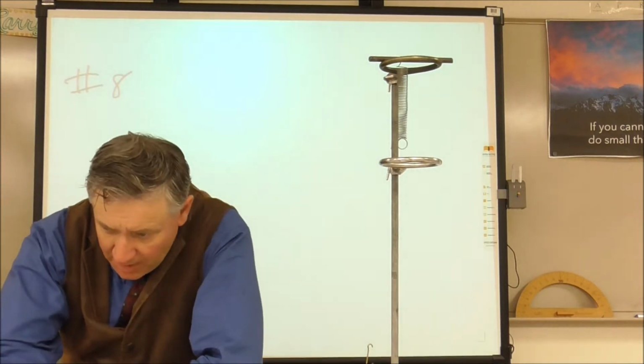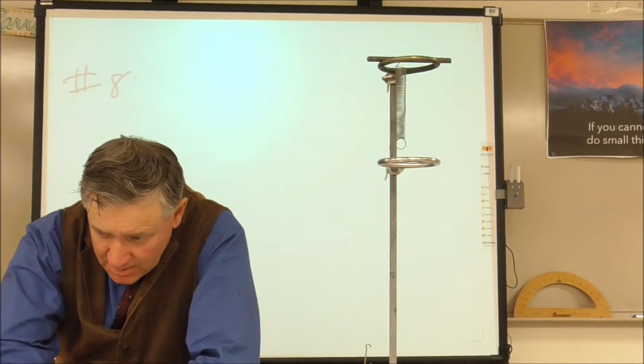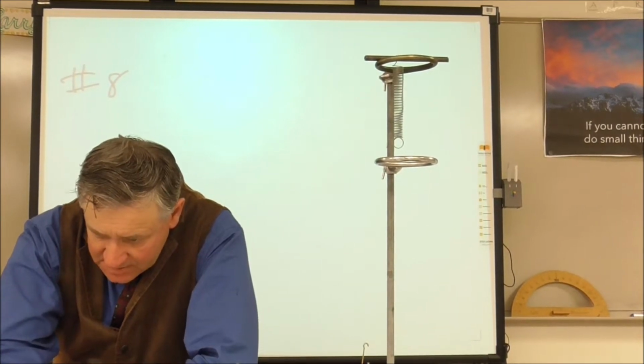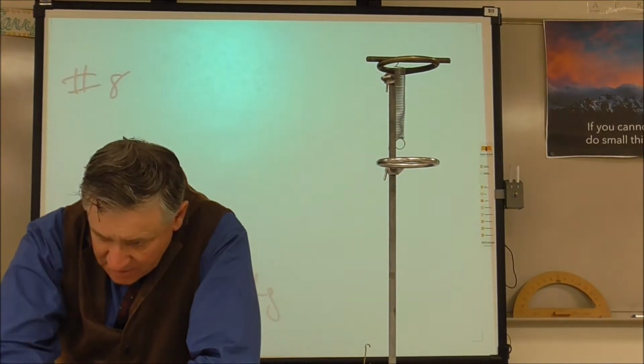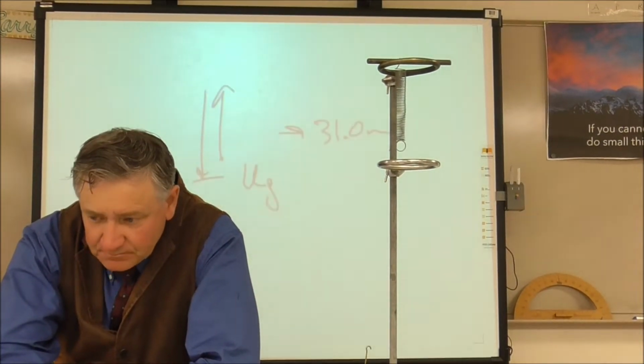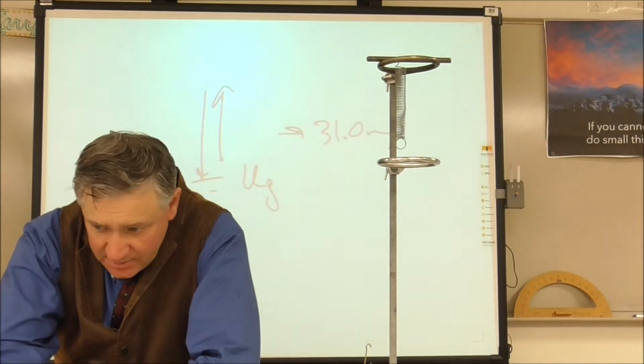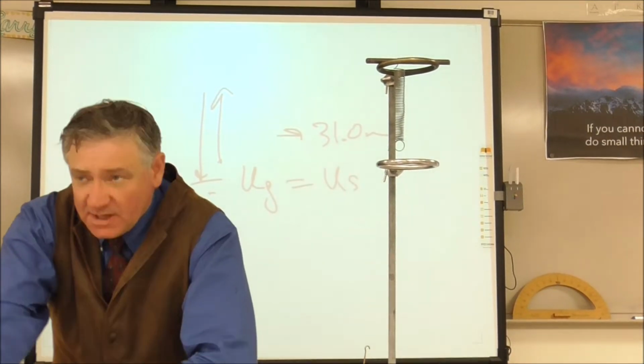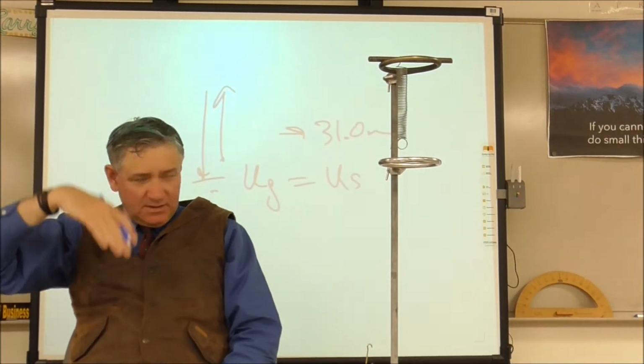So when they're at the bottom, the UG that they store, okay, so imagine that you've got to lift this person up to a height of 31 meters, okay? So the UG here has to equal the potential energy that was stored in the spring.